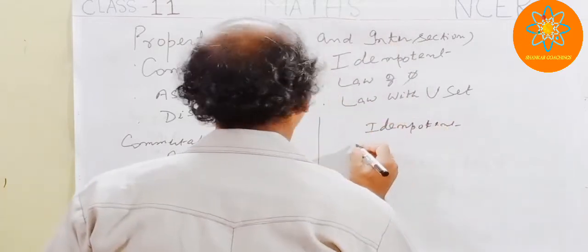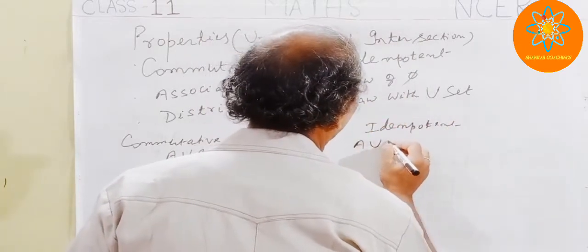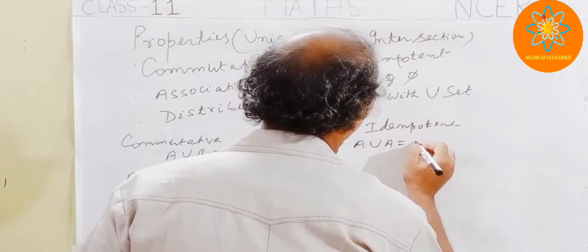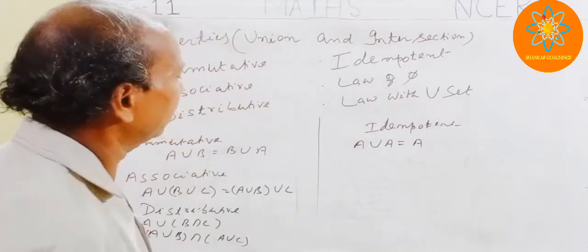Suppose A is given, so A union A is equal to A. This is called idempotent.